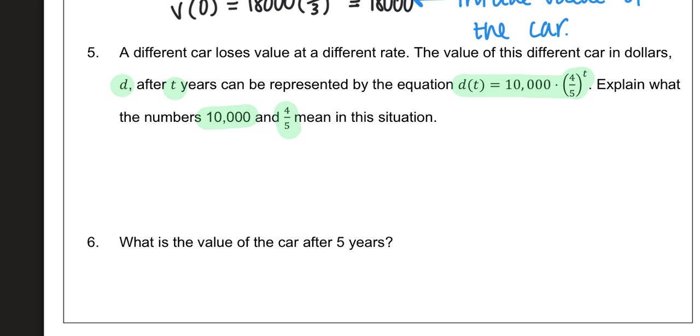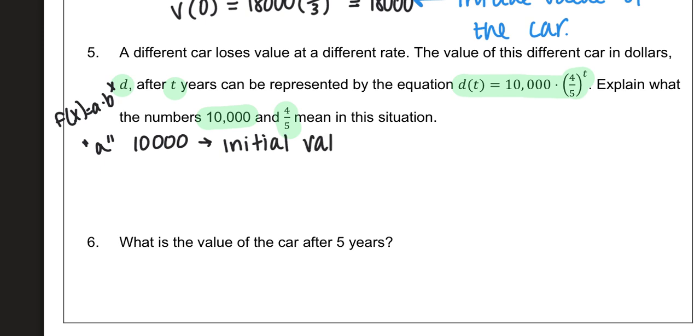So, 10,000, that would be considered like our A value in our formula if we're thinking f of x equals A times B to the x. This would be our A, that 10,000. So that would be our initial value of the car, because again, we're still talking about a car in this case.